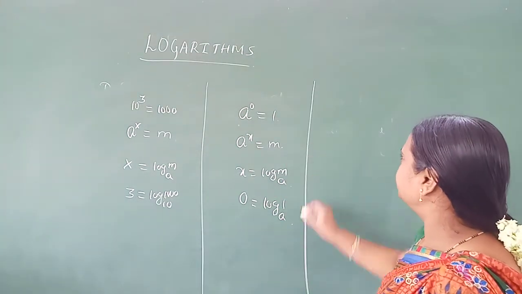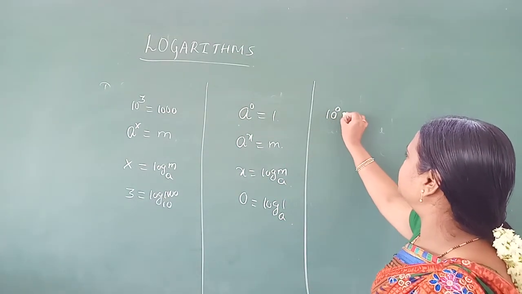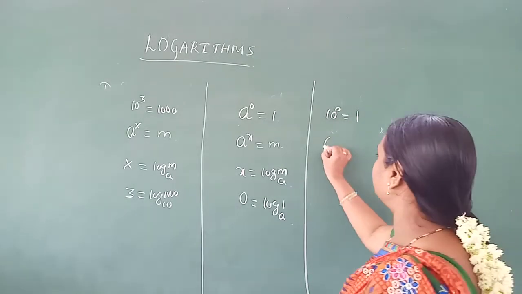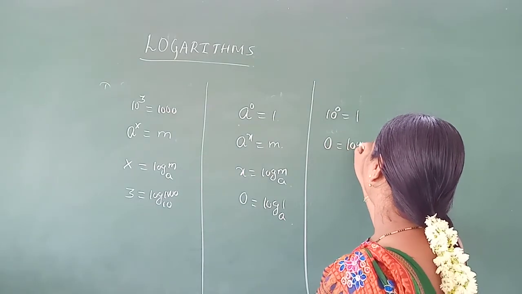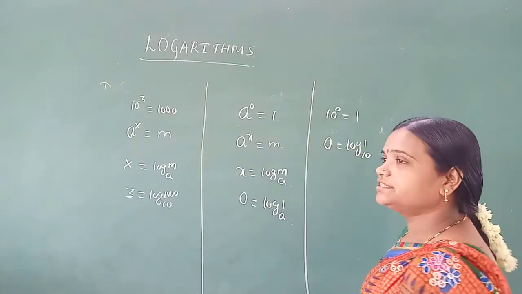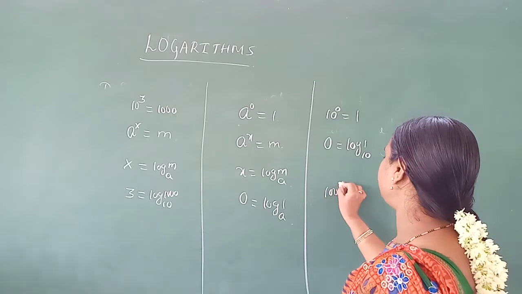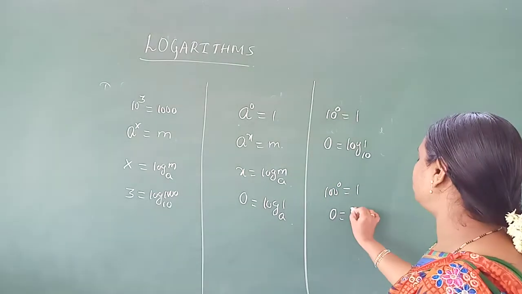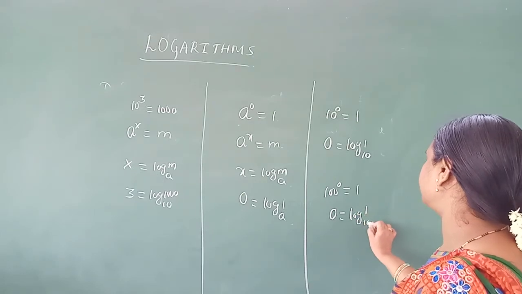Next, we will take 10 to the power 0. We know that anything raised to 0 is 1. Therefore, by definition, 0 is log 1 to the base 10. Next, 100 to the power 0 is 1, so we can write 0 is equal to log 1 to the base 100.